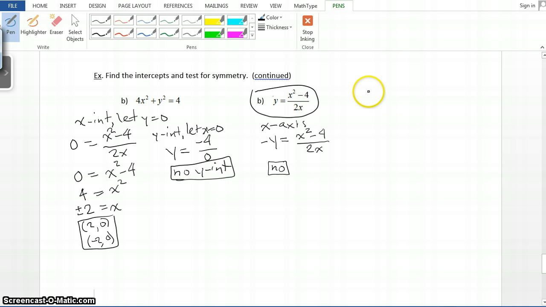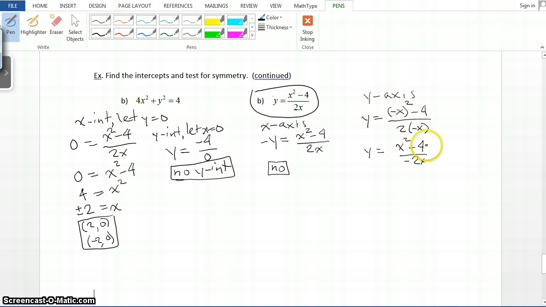Let's try the y-axis. Alright, with y-axis symmetry, remember you replace x with negative x, the opposite of x, over 2 times negative x. So when we simplify this, watch what happens. If I square a negative x, it's the same thing as x squared, minus 4 is there, and in the denominator I just have a negative 2x.